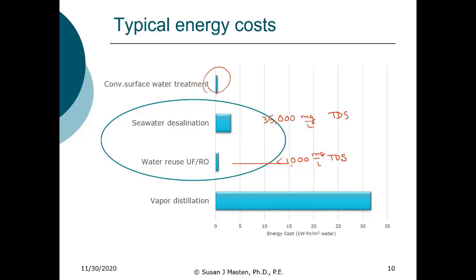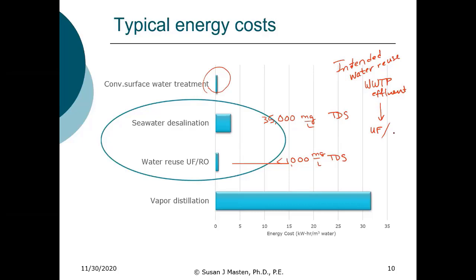Now, when we talk about water reuse, often what we're talking about is what we call intended water reuse. So we take wastewater effluent, we're passing that through ultrafiltration and RO, and we're producing water that could be used for potable water. That's the whole idea.